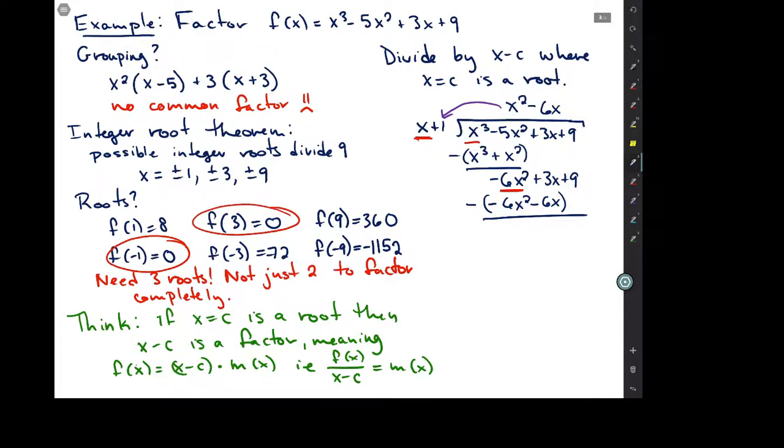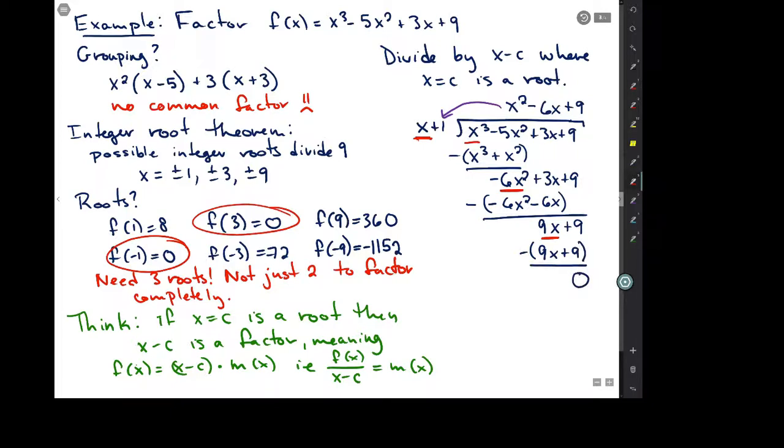So I have a 0 and then plus 9x, and then I have that plus 9 from before. And then again, just looking at this x and that 9x, I have to multiply by 9. And so when I multiply, I have 9x plus 9. And hey, look, when I subtract that off, I get a remainder of 0.